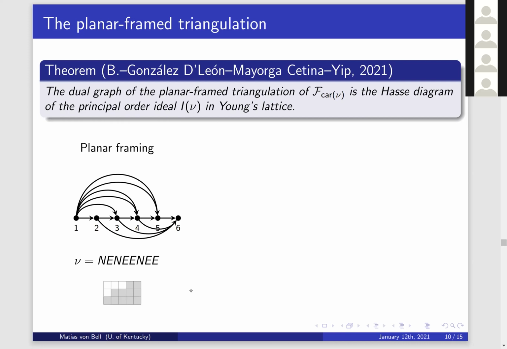So the planar framing here orders all the incoming and outgoing vertices from top to bottom according to this planar drawing of the graph. So 1, 2, 3 coming in, and then 1, 2 from top to bottom in this planar drawing. And with that framing, the dual graph is then the principal order ideal in Young's lattice generated by this Young diagram above the path Nu.